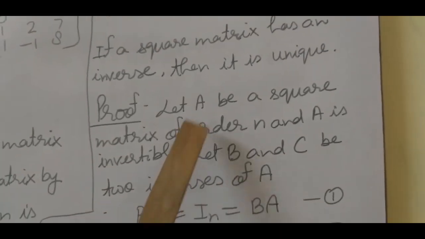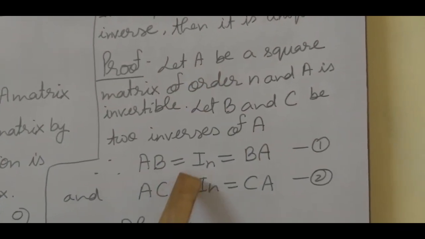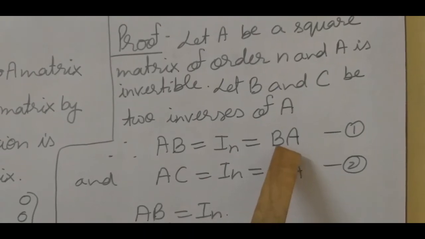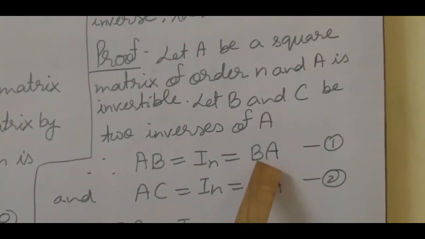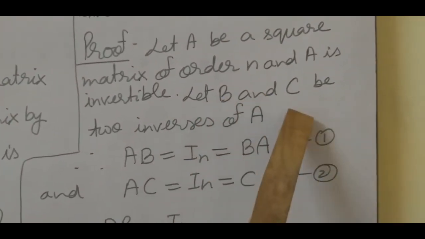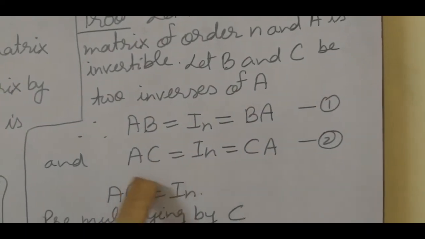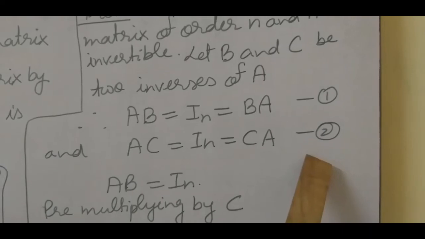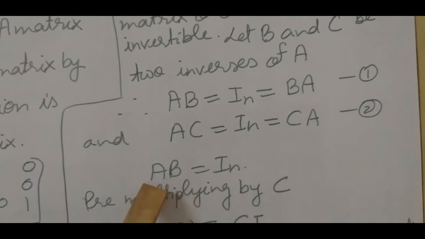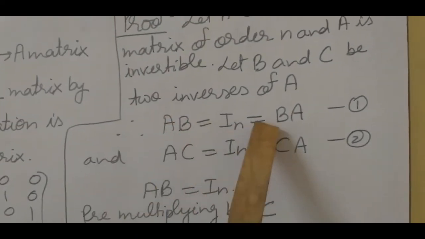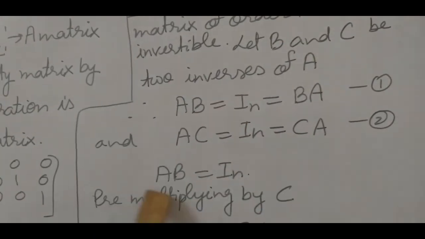So students, A is invertible, so we can write AB equals In equals BA, because B is the inverse of A, and C is also an inverse of A, so we can write AC equals In equals CA. Call these equations 1 and 2. Now I am going to take this part only, AB equals In.